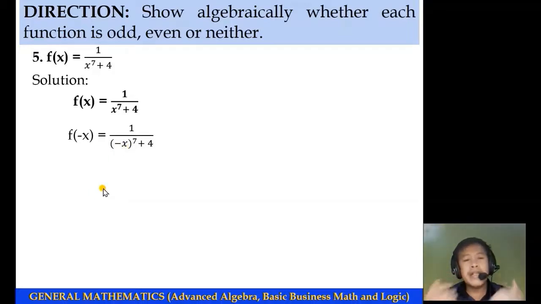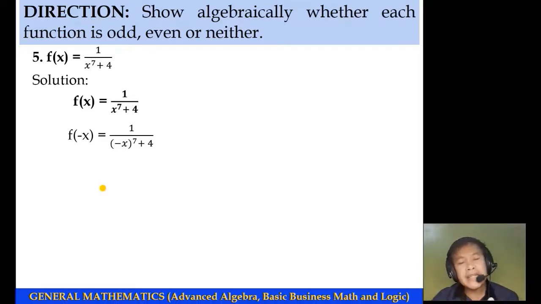So what we are going to do is to simplify quantity negative x quantity raised to 7. Negative x times negative x is equal to positive x squared. Positive x squared times negative x is equal to negative x raised to 3. Then negative x cubed times negative x is equal to positive x raised to 4.